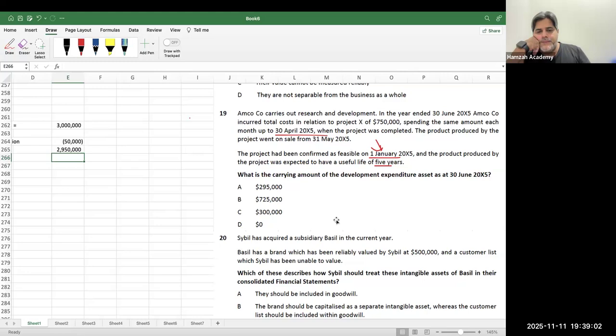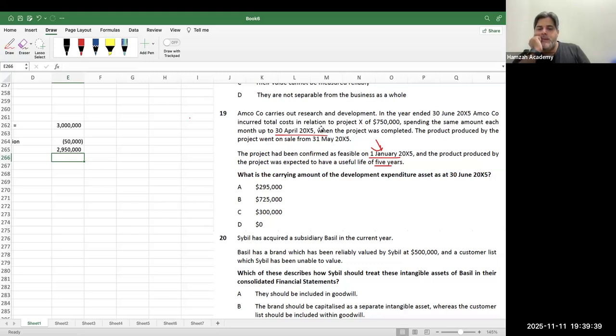Or else, let's say you spend 750,000, the same amount each month up to 30th April. Technically it would have been from 30th June over here.